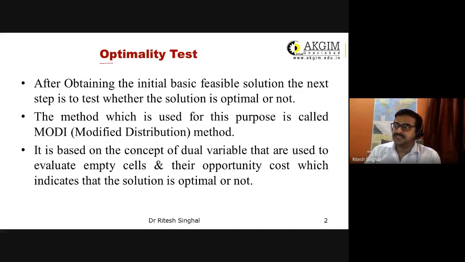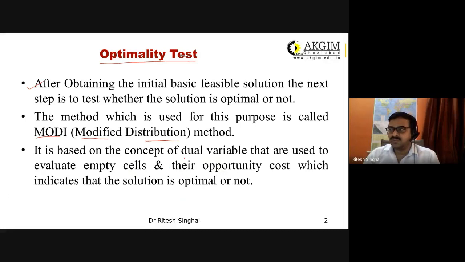So this particular test is called the optimality test. After getting the initial basic feasible solution, the next step is to test whether the solution is optimal or not. The method used for this purpose is called MODI method, and the full form is Modified Distribution Method.